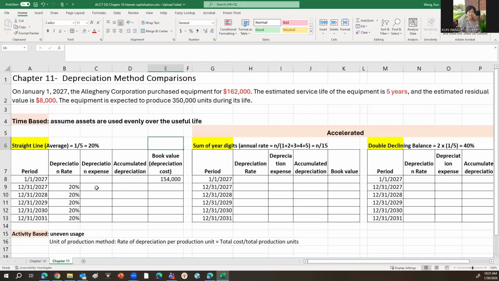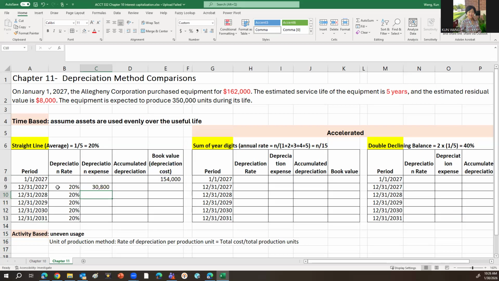So what I'm going to do is put the formula directly. So for the first year, I'm using the depreciation base for the first year, multiplied by the rate of that year. So Excel in this part is very straightforward.